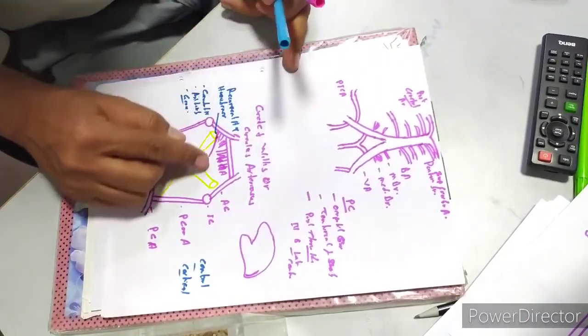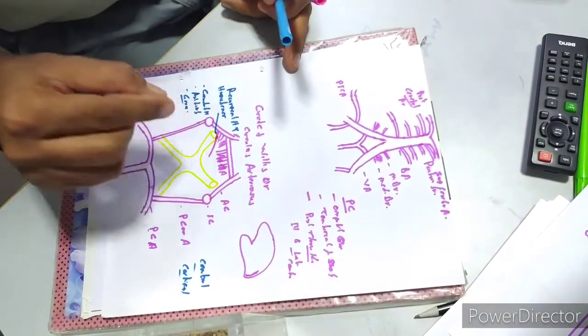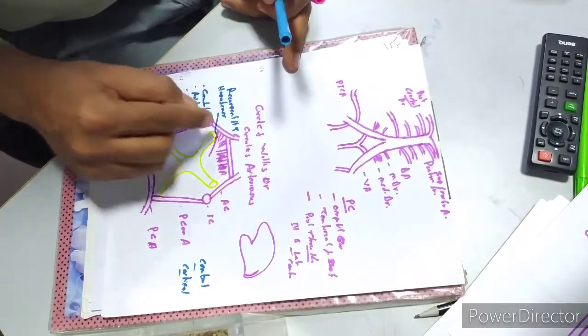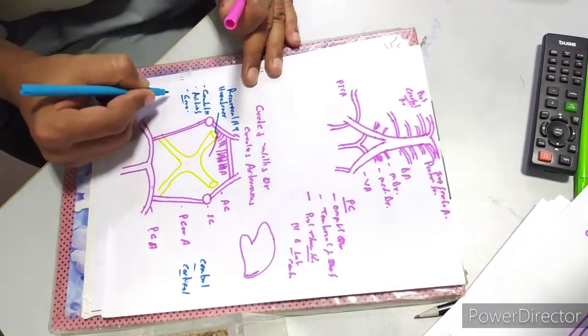As this artery is completely long, it is most prone to develop thrombosis. So when thrombosis develops, what happens?